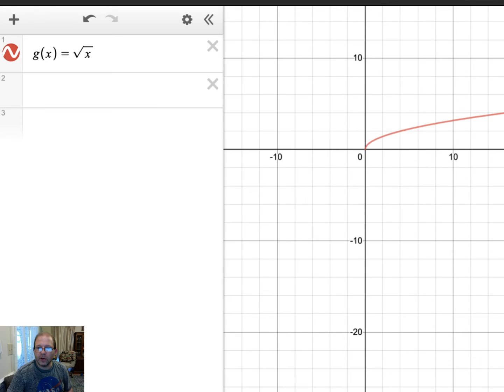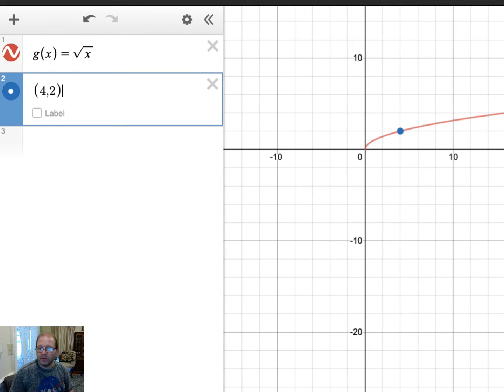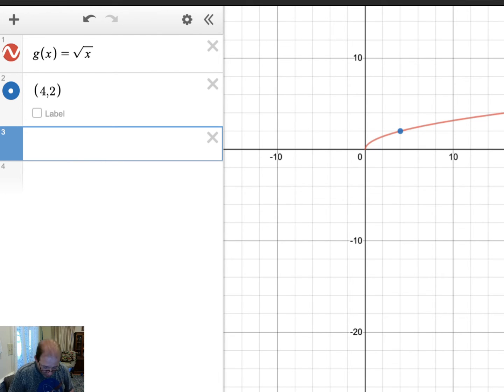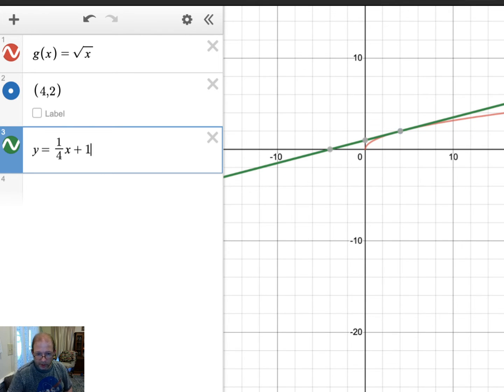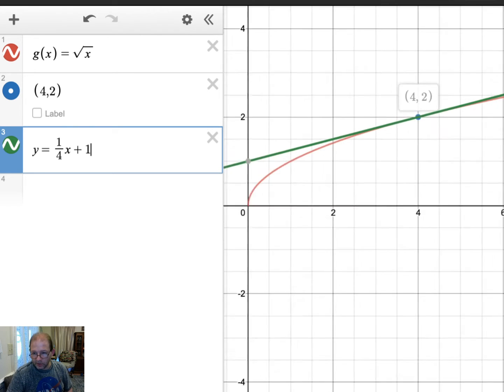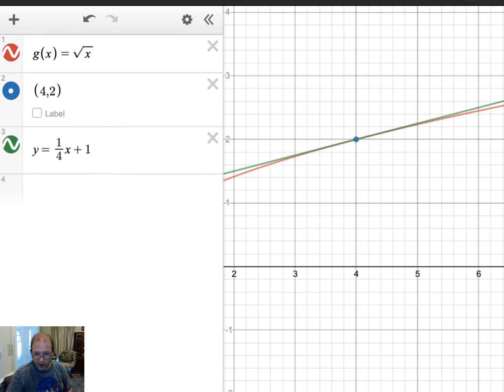And we were talking about the point 4, 2. So we're supposed to have the tangent line there. And the equation we came up with was y equals 1/4 x plus 1. And sure enough, that's the tangent line. We zoom in, we can see it's just barely sitting on the graph there. So that's good.